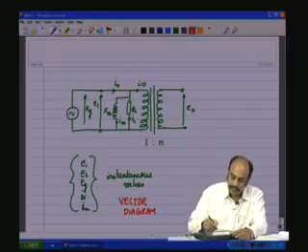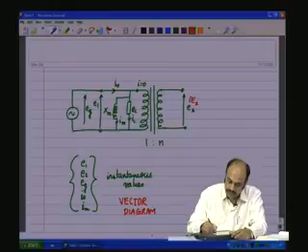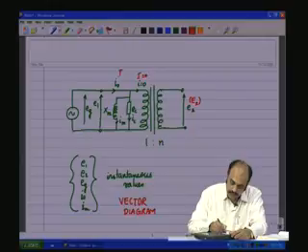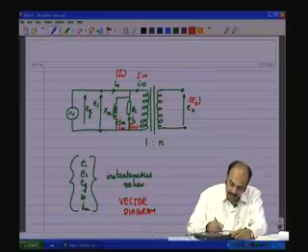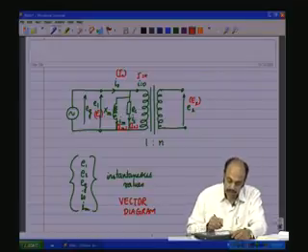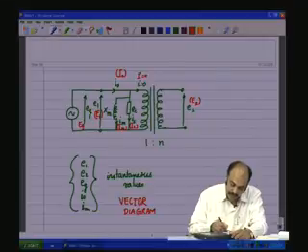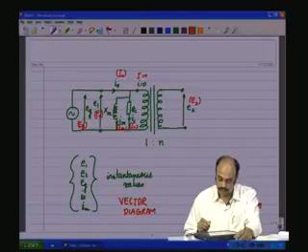So, we shall use the notation with uppercase for effective values: I naught for the RMS value, IC for the RMS value, IM for the RMS magnetizing current, E1 as the effective value of the induced EMF, EG as the effective value of the applied generator voltage.